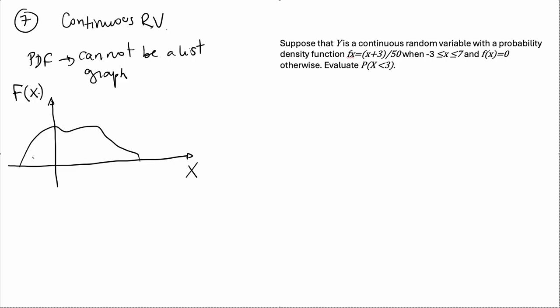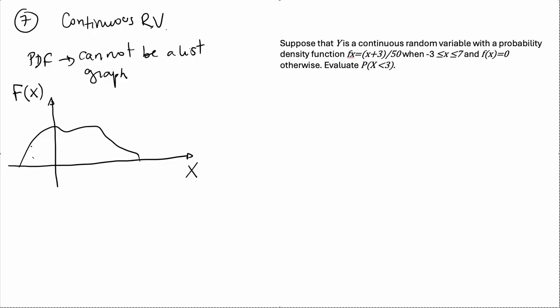And f of x is called the probability density function. So the name changed slightly. First, for discrete random variables, we had probability distribution function. Now we have probability density function. Okay? In the end of the day, I'll try to show you the video today.